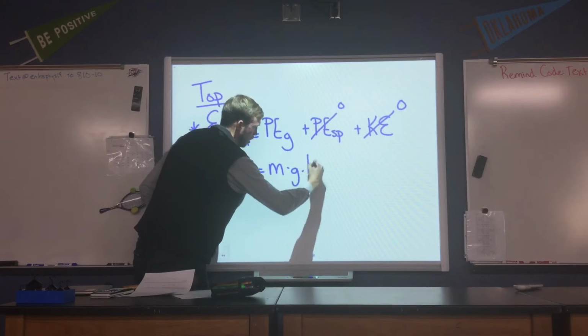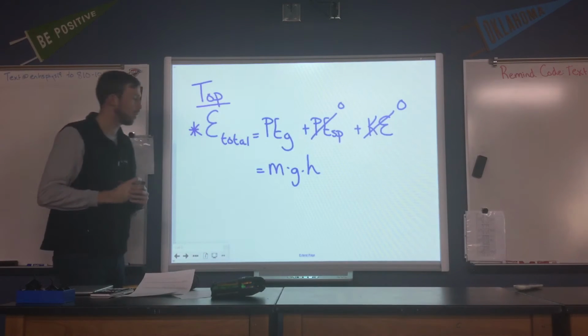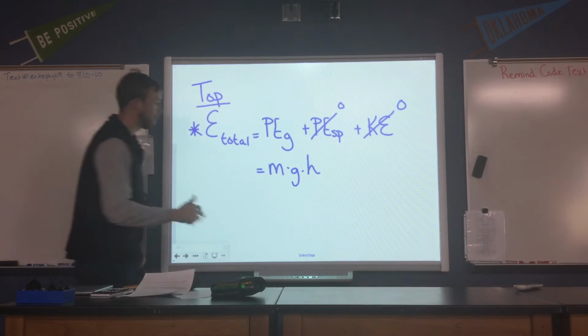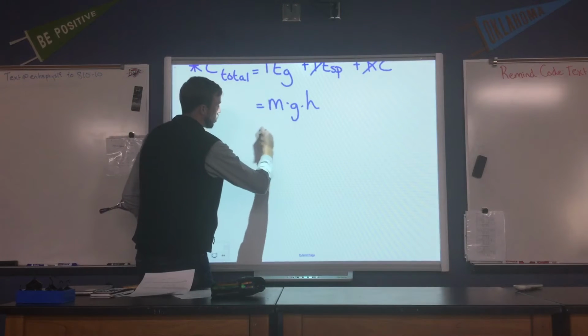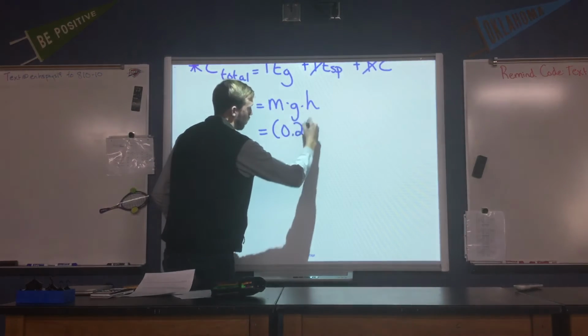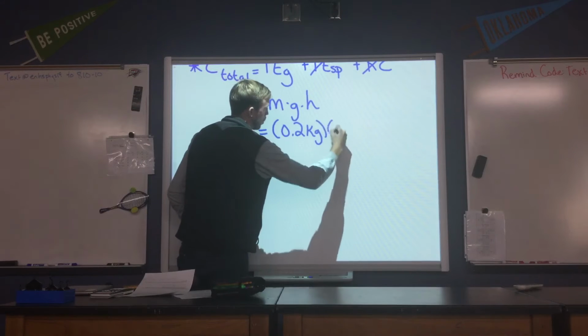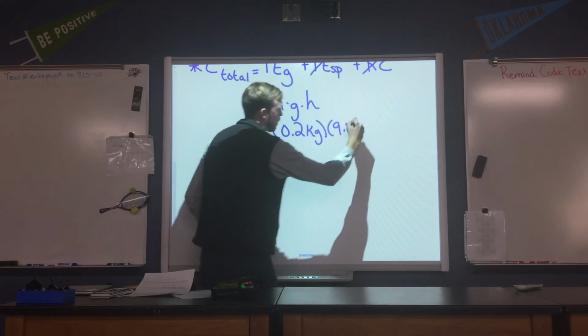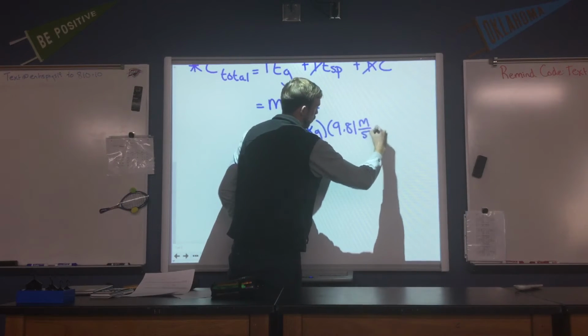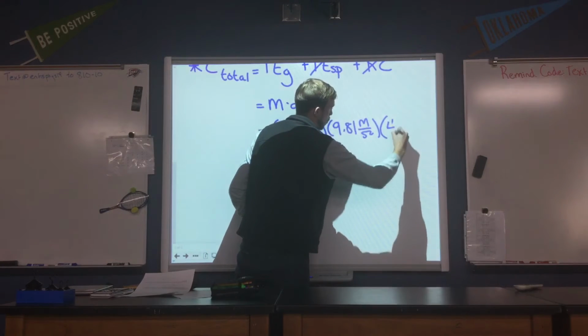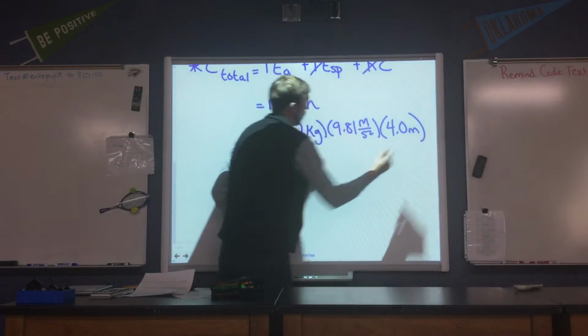Gravitational potential energy, mass, gravitational acceleration, and height. Those are the variables that we need. Now, we're told in the problem we estimate the mass of the ringer to be about 0.2 kilograms. Gravitational acceleration for the Earth, 9.81 meters per second squared. And our height is 4 meters.